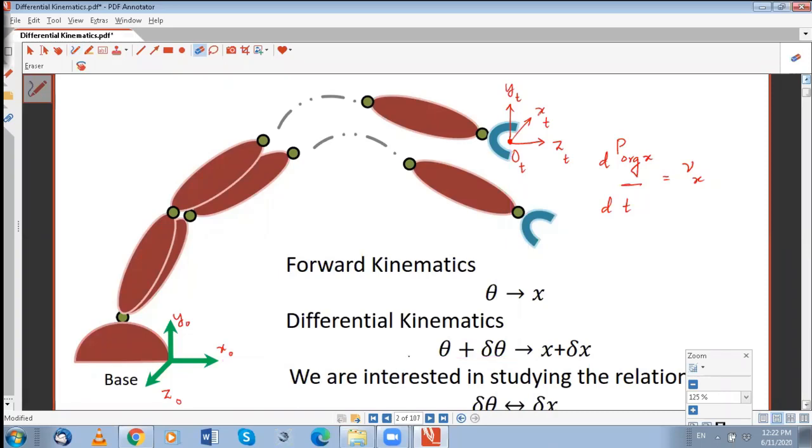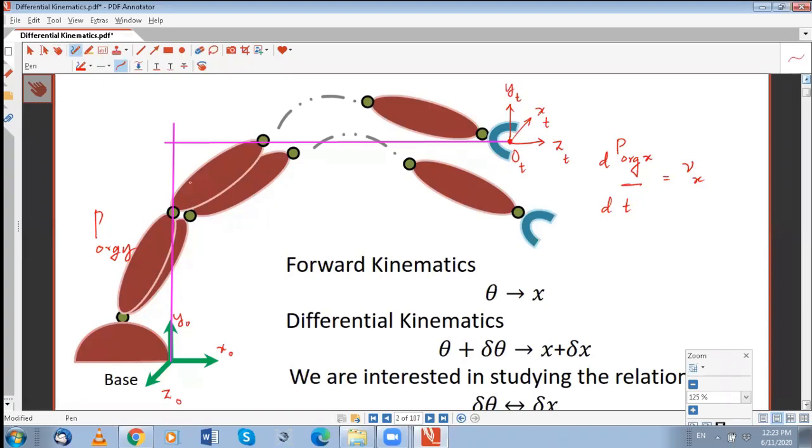Similarly, there is a y component. We say this is the position of the origin of the tool frame along y. But the arm will not always be in this configuration. It can move around, so the position along y also moves around.